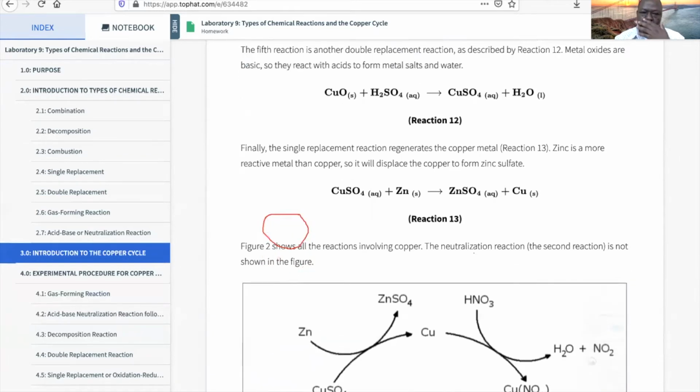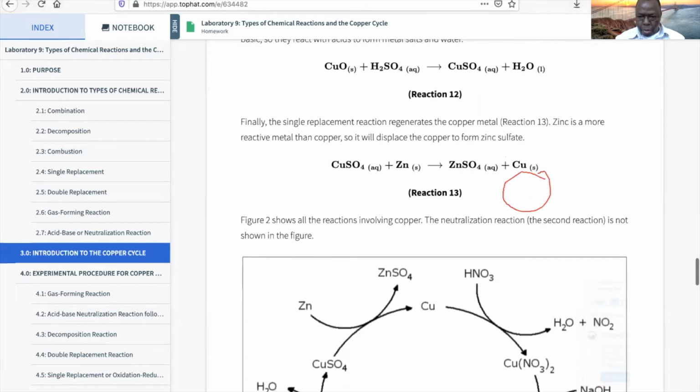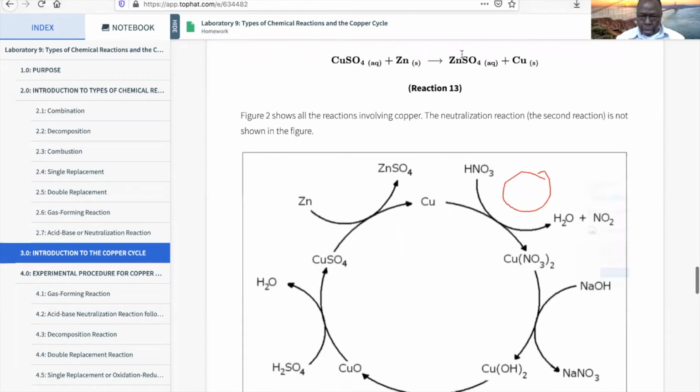By now you see where copper is. Copper is a product. It is formed at the end. In between, copper is in the form of other compounds, which you have to keep an eye on. So think of it as, where is copper as we take it around this circle you see here.